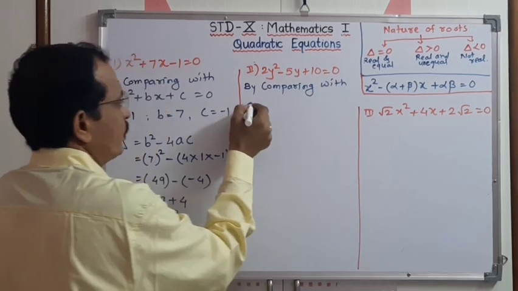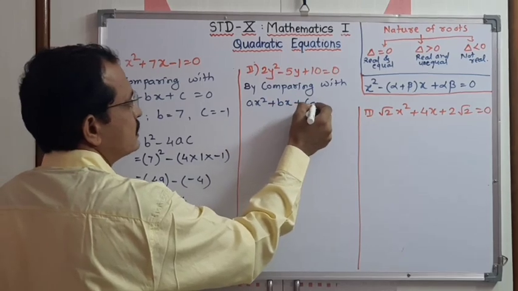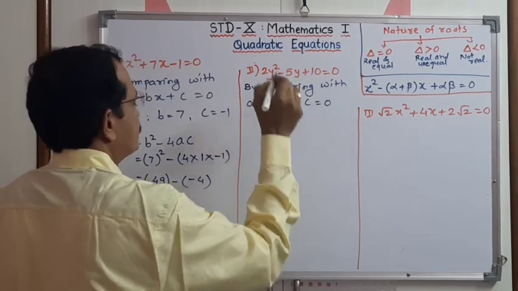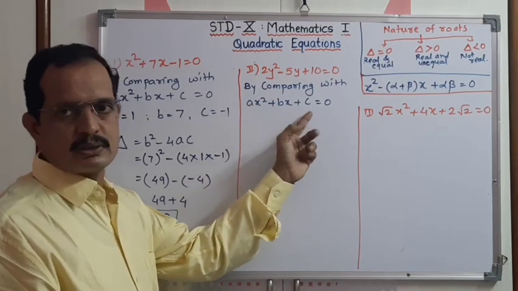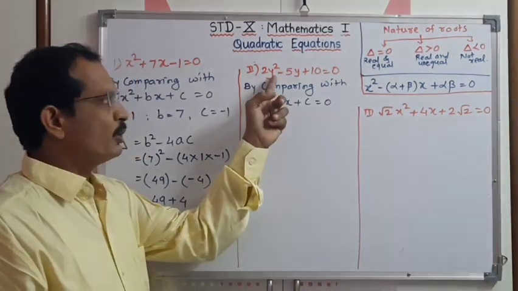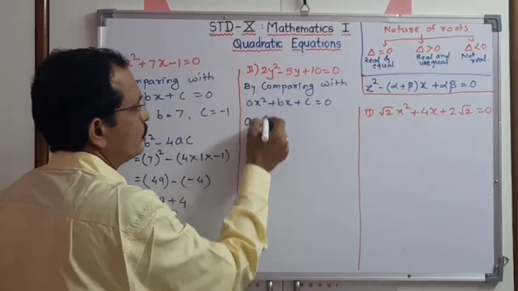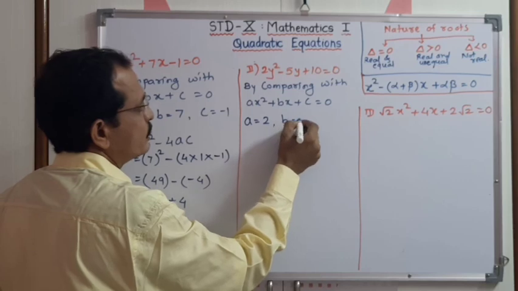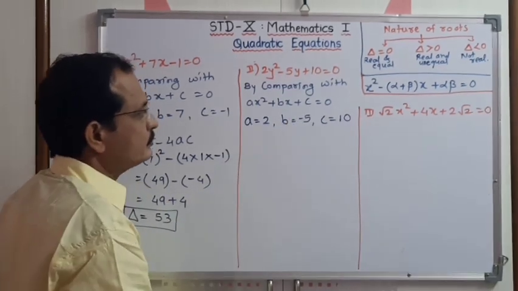with standard form. It is ax square plus bx plus c is equal to 0. Instead of this you can write ay square plus by plus c. It is also okay because y variable is used. Now a is equal to 2, b is equal to minus 5 and c is equal to 10.